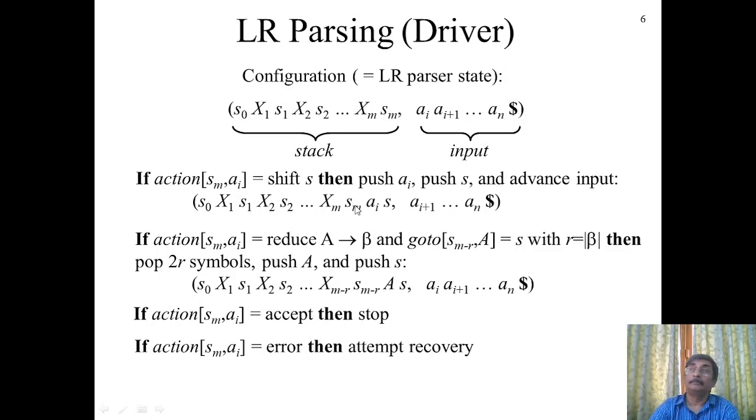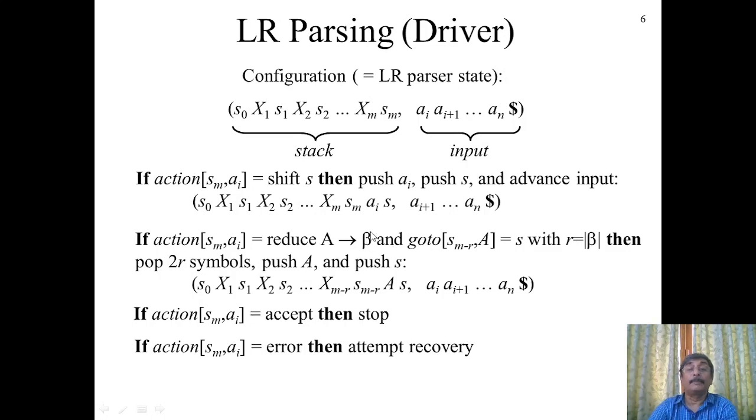From this state, which is a set of items, if I go using this symbol AI, the state where I go to is this state. Or I can see that in the top of the stack, the handle is already found. If the handle is already found, then I reduce using that particular rule.